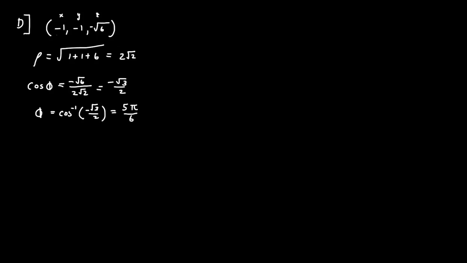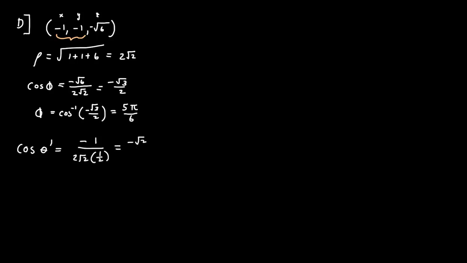Now we're going to find theta. Before I do that, I'm going to recognize here that negative 1 will put me in the third quadrant. So that lets me know automatically that my theta in the end will be 2 pi minus theta prime. So first let's find theta prime. The cosine of theta prime is going to be negative 1 over 2 radical 2 times a half.